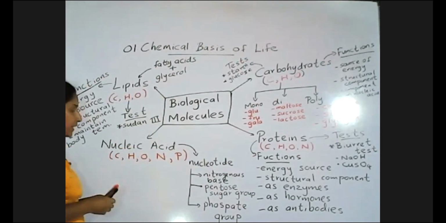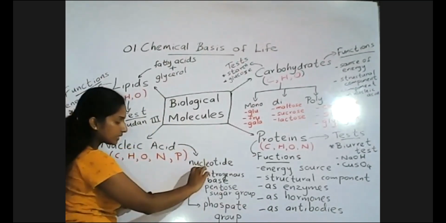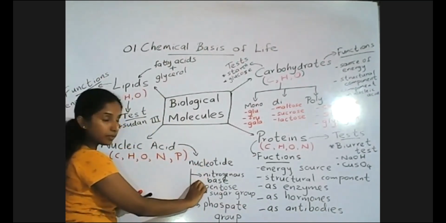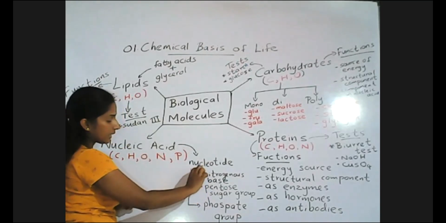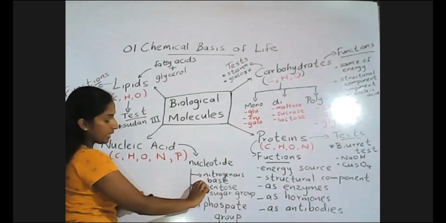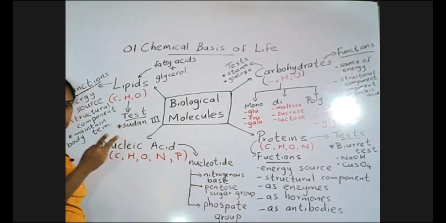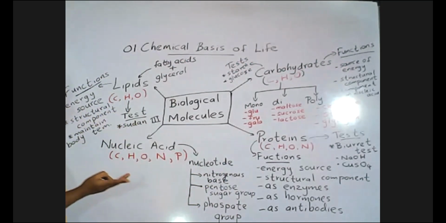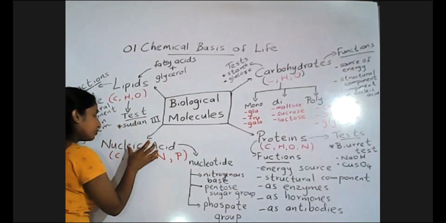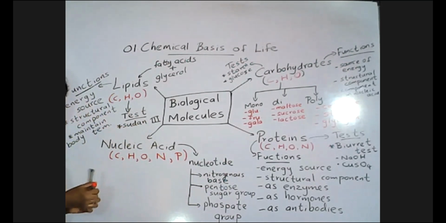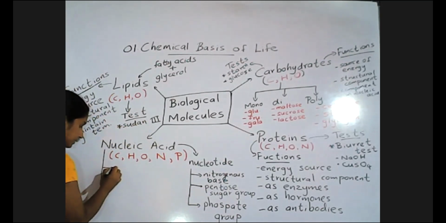When we consider the nitrogenous bases and the pentose sugar, there are two types of nucleotides, or we can say two types of nucleic acids. What are the two types of nucleic acid?